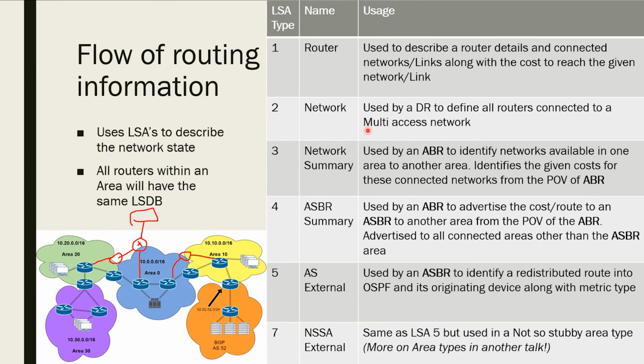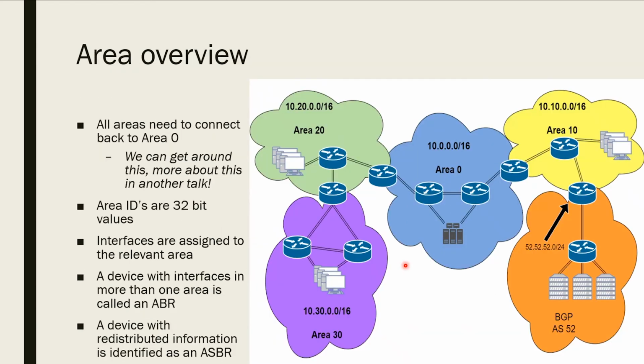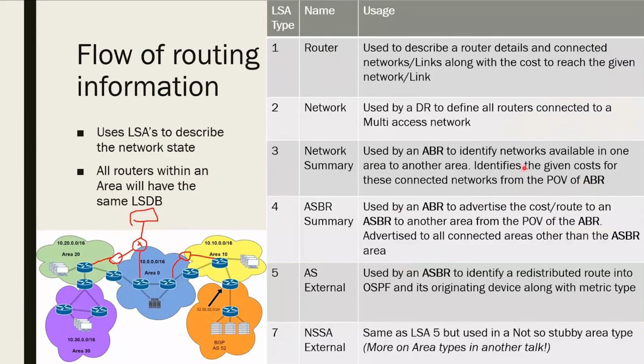It's generated by the DR to identify, in effect, as this virtual node in the middle, the connections that it has to the other routers there. We then also have a network summary as a type 3.